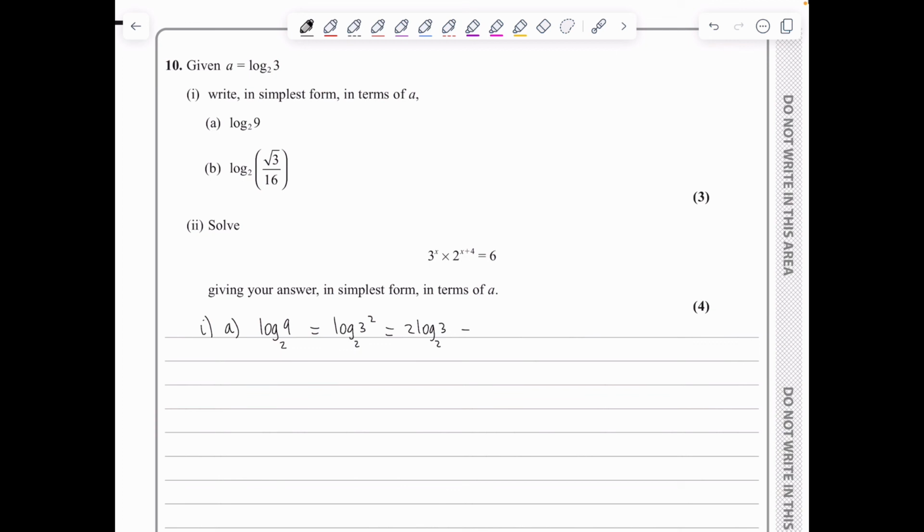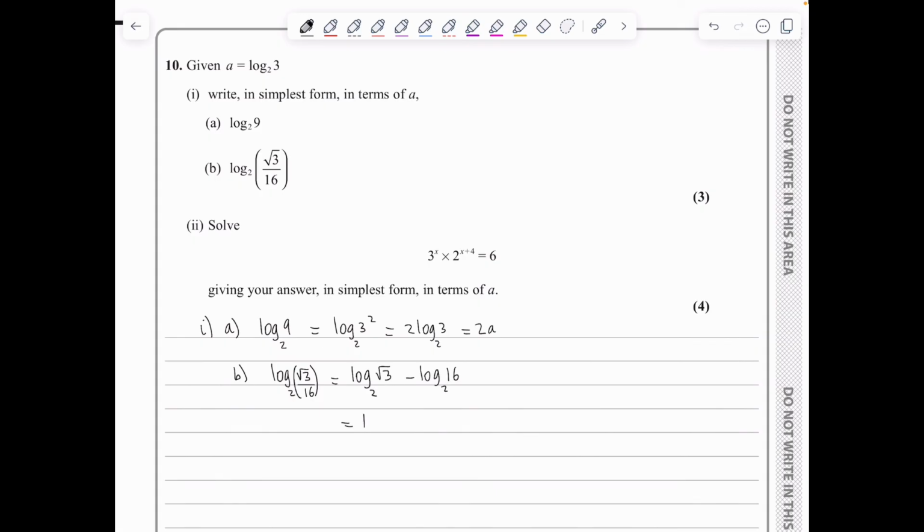The power law of logarithms tells us that the 2 can come down, so it's 2 log 3 base 2, which is obviously 2a. In B, we start with the log of root 3 over 16 base 2. When we've got division within the logarithm, I can express this as the difference of two logarithms. So log of root 3 base 2 minus log of 16 base 2.